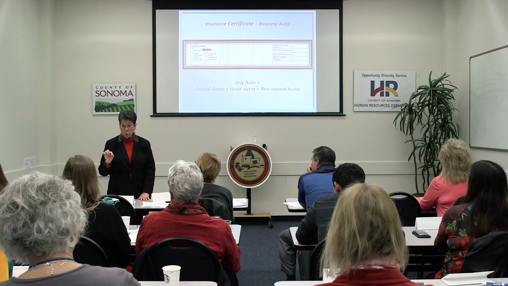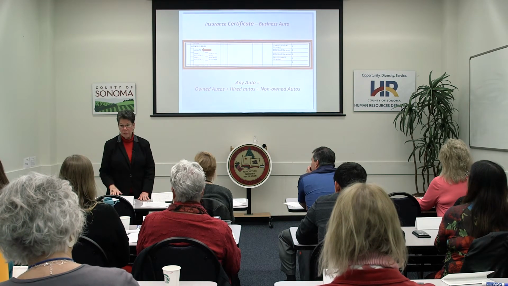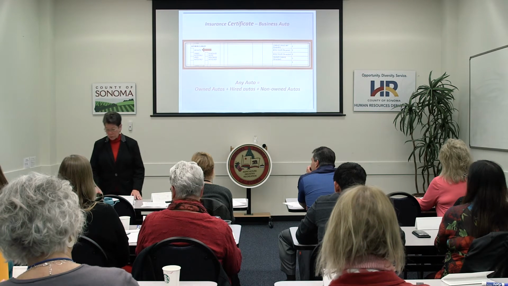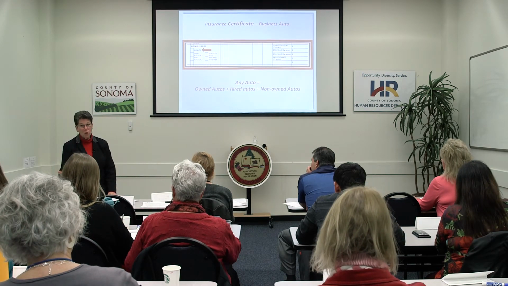So there are some commercial auto carriers that won't give you all owned or any owned auto coverage. They'll only give you scheduled autos, so that the auto has to be listed on the policy. And I'll tell you the truth, that for the most part, if we get scheduled, I've been ignoring any auto.